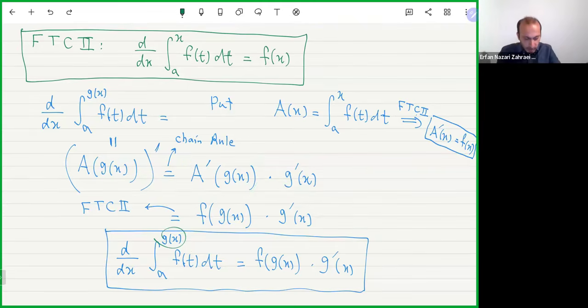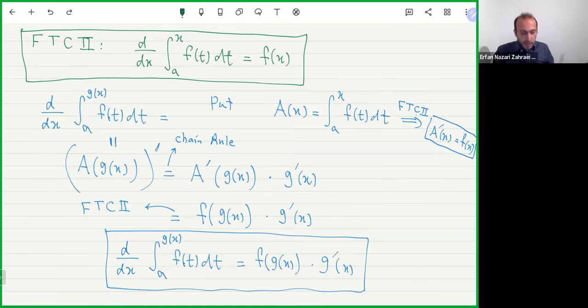So the way I can memorize this is: take this, plug it in this, that's what you get here, and then times the derivative of this itself. Derivative of the outer function evaluated at the inside, then times the derivative of the inside. Don't forget the derivative of the inside. So the derivative of that comes after.